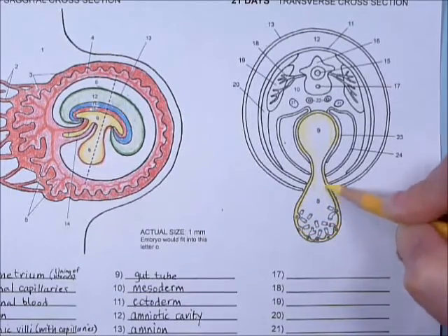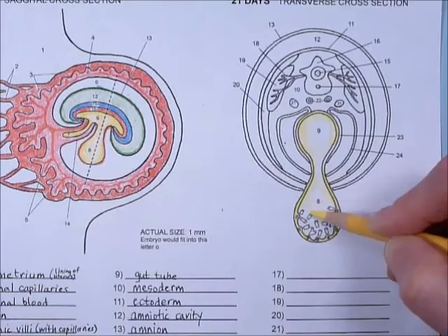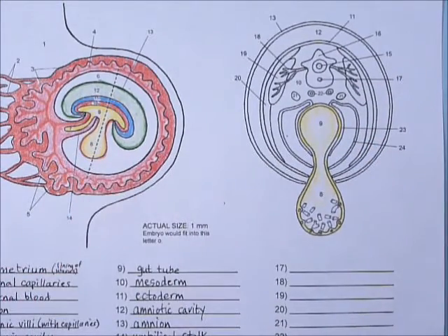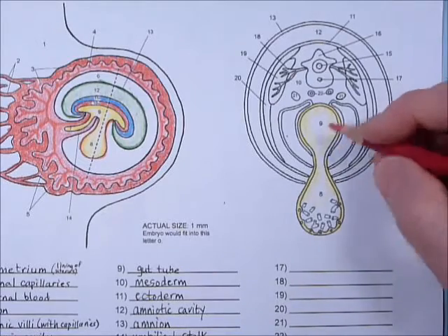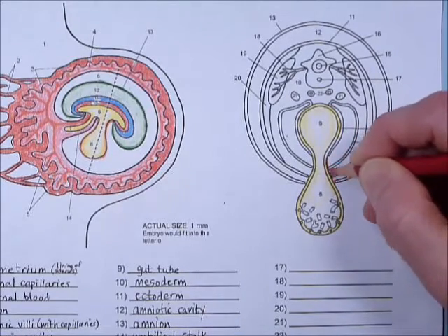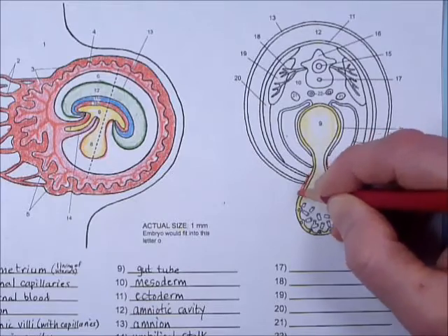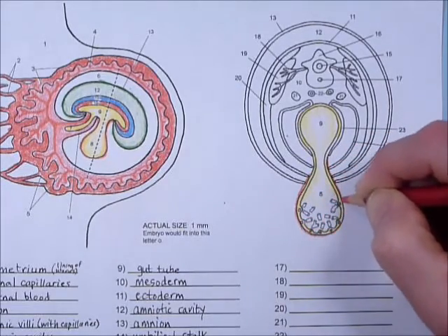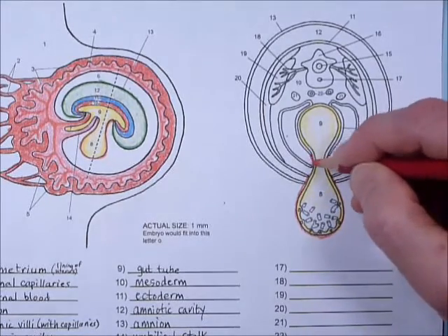Now, as we mentioned in this drawing, I'd like to add a little bit around the edge here, knowing that there's a little bit of mesoderm that covers, like that, around the outside. You kind of just connect it up like that.